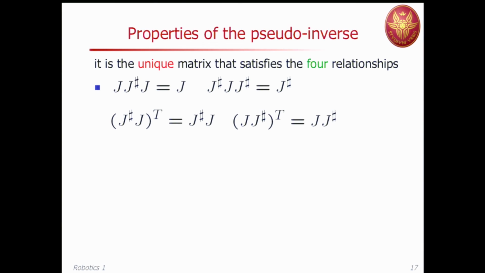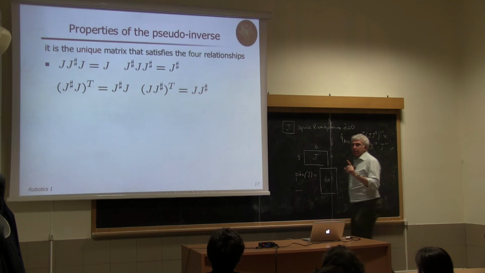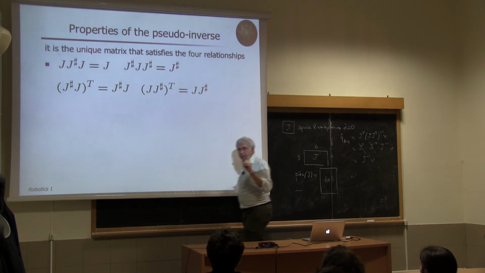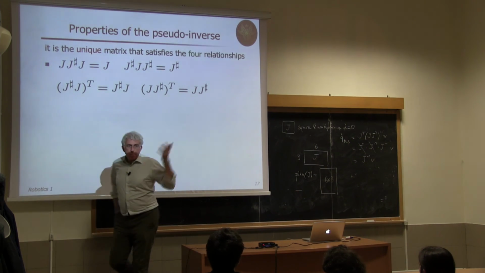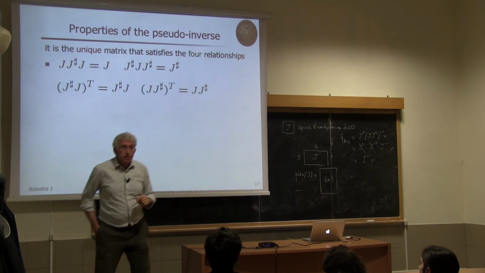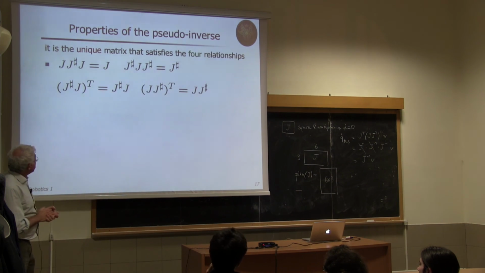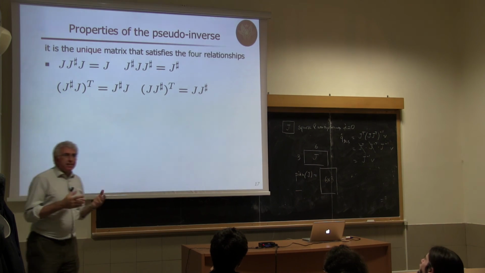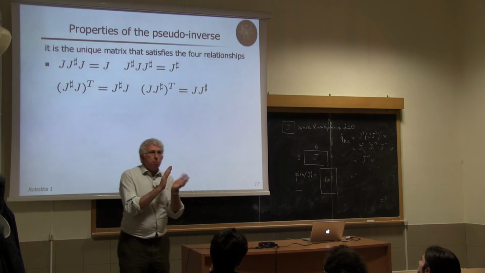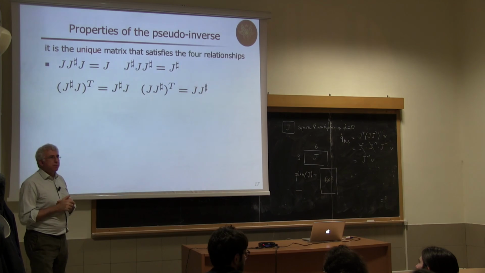So given any J matrix, no matter if square, no matter if full rank or not, then there always exists one matrix, unique, J plus, that satisfies these 4 properties. Okay, and this is the pseudo-inverse. Okay, and these 4 properties are easy to remember because the first 2 say that if you do the product and you have a dominancy of J or J plus, then the dominant matrix remains.